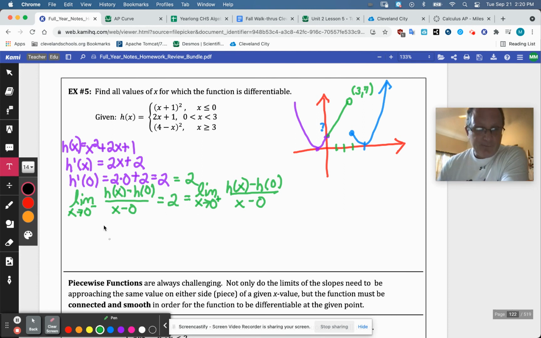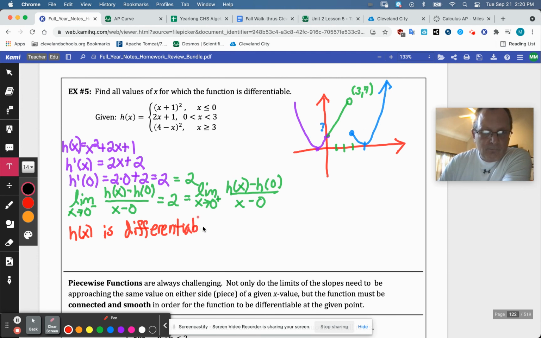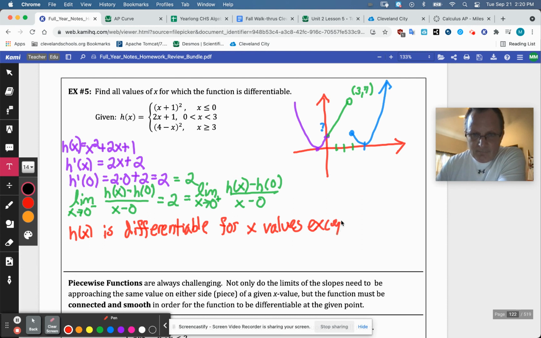So I could say h of x is differentiable for all x values except x equals 3.